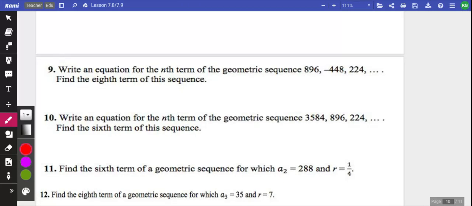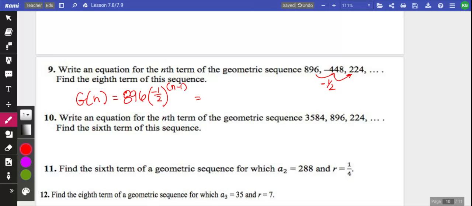For the sequence, 896 to -448 and -448 to 224. So I believe that's timesing by -half. Yes. So we're going to write G of n equals initial term, which is our 896, times our rate, which is -half, to the n minus 1 power.